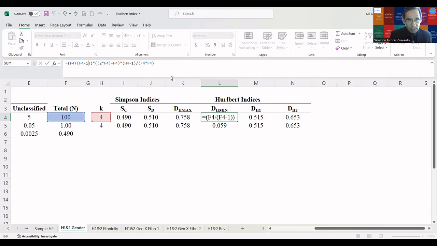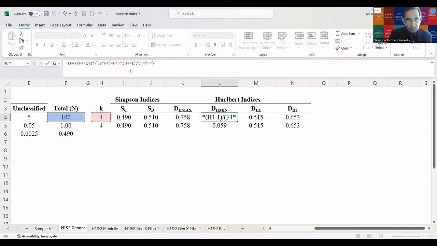Then I'm going to times that by the number of categories minus 1, divided by the total number of individuals squared.